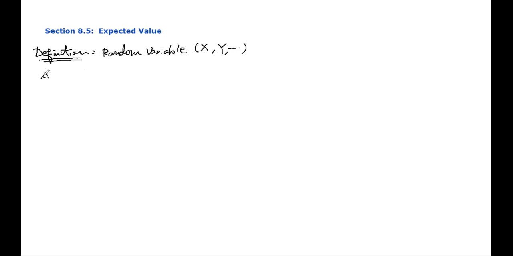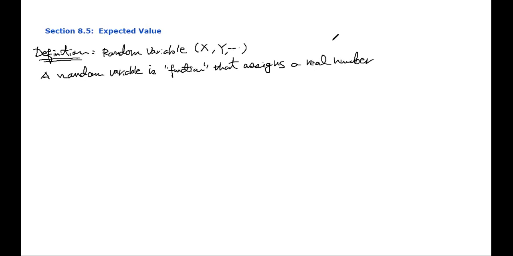A random variable is kind of like a function that assigns a real number to each outcome of an experiment.